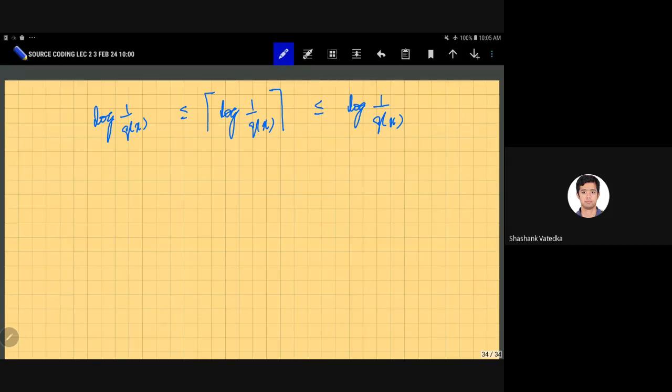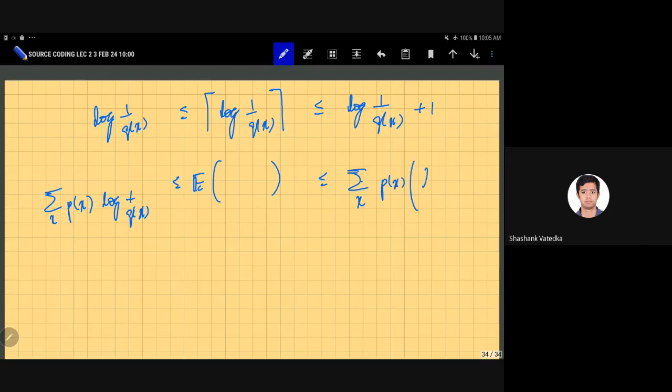So the expected length is going to be the summation of p(x) log 1 over q(x), up to the summation of p(x) (log 1 over q(x) plus 1).